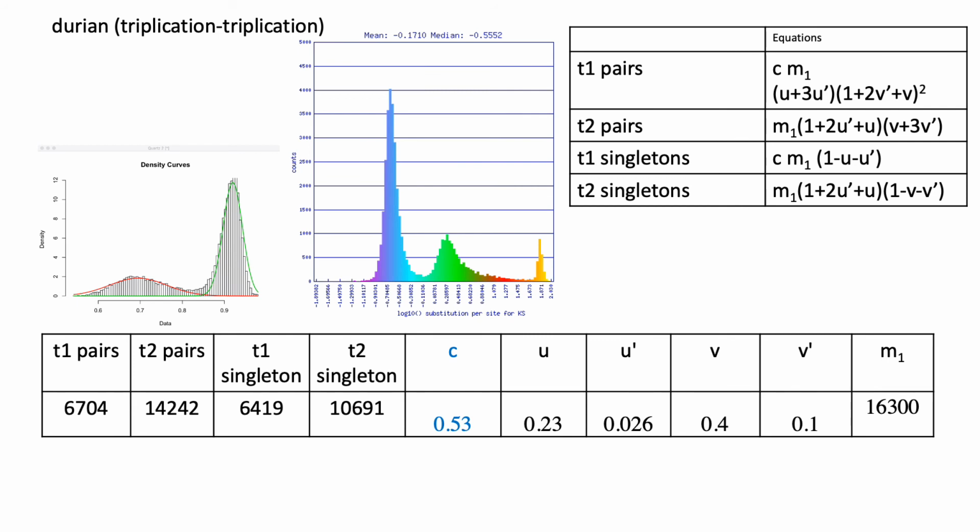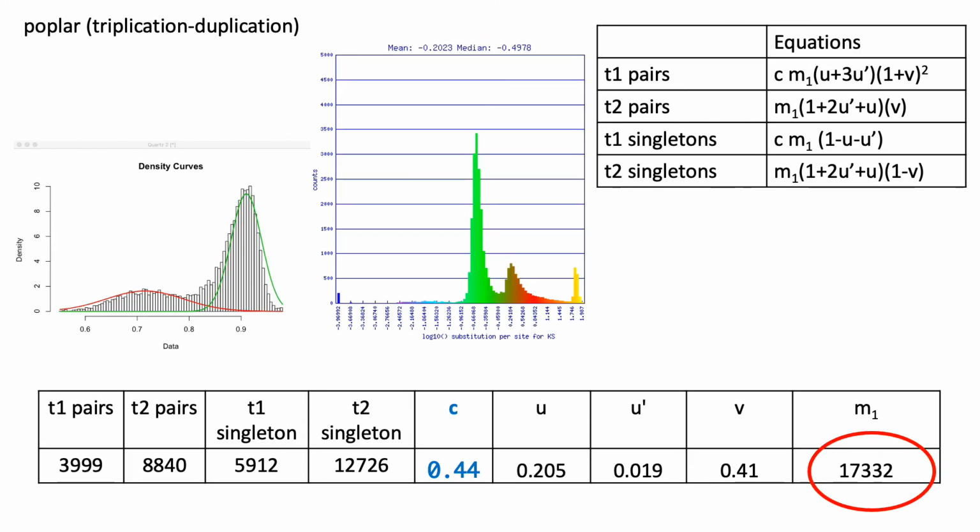The first triplication on the left is the gamma triplication at the origin of the core eudicots. If you look at the number of genes estimated for the original population, you get over 16,000. For poplar, which is a triplication followed by a duplication, we get 17,000 using that model.